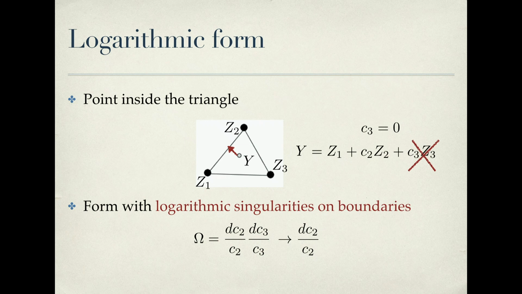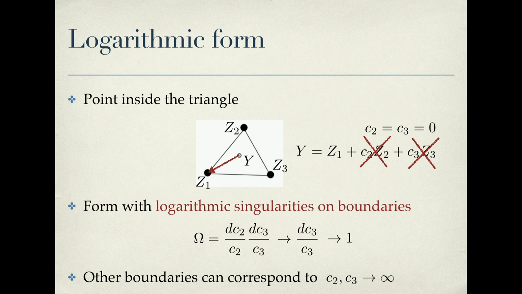So I just erase it. I take the residue on C3 is 0. I get dC2 over C2. And if I go to another boundary, I set C2 to 0. If I go on the C2 equals 0 boundary, on the line 1, 3, it just reproduces this form. Then I can go to the second boundary, it just gives 1. And all the other boundaries are accessible when I also set C2 and C3 to infinity in some different combinations.